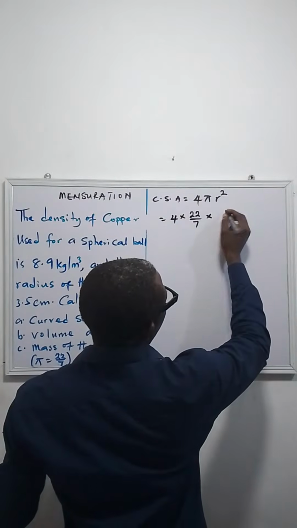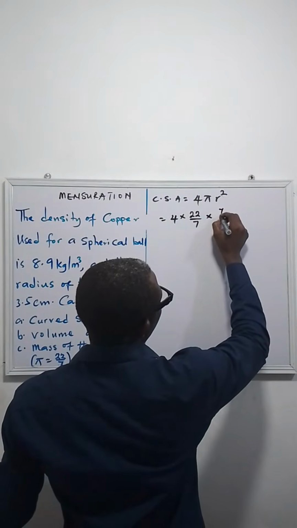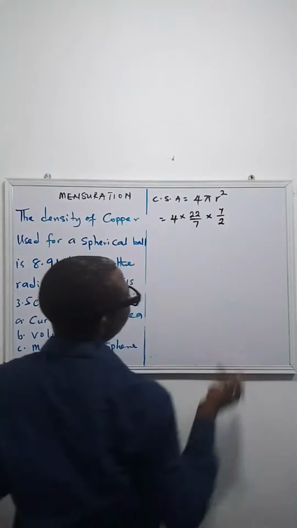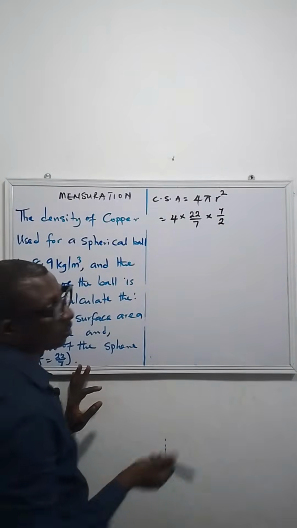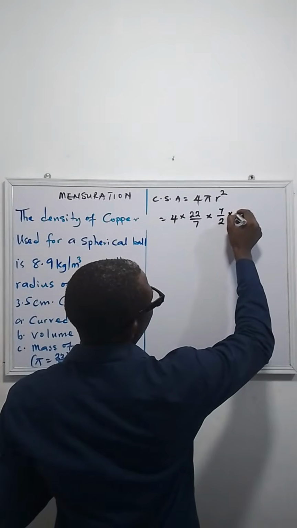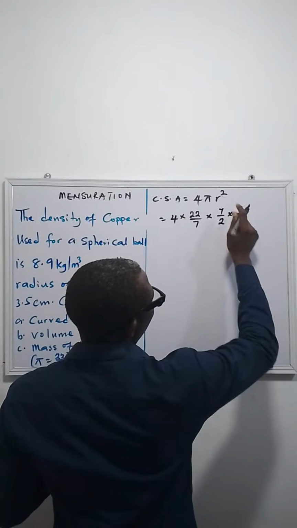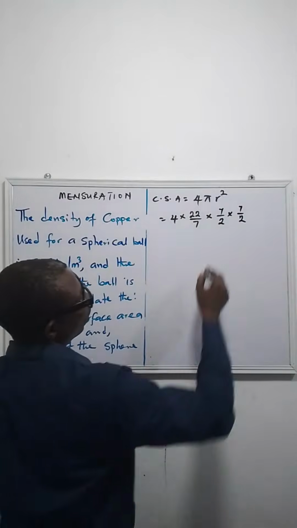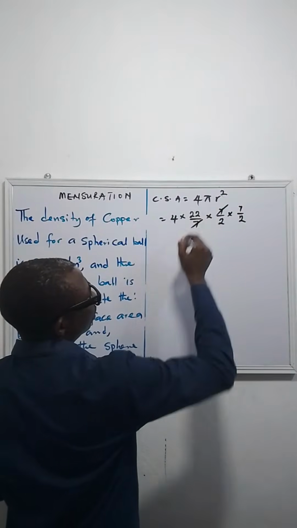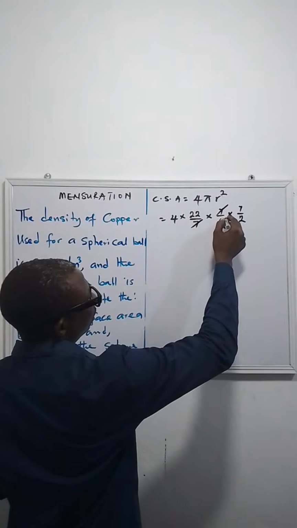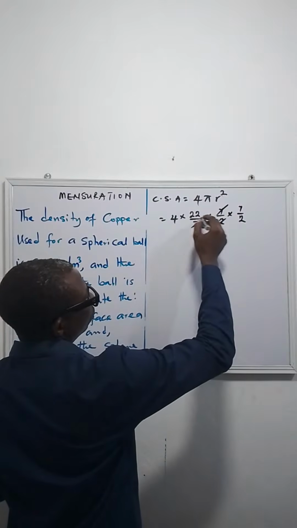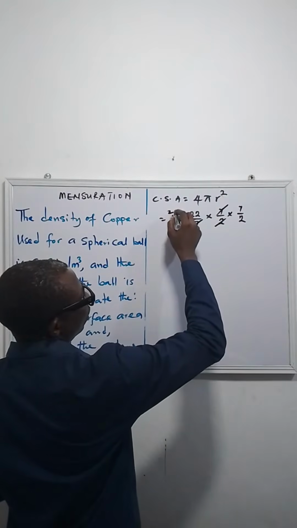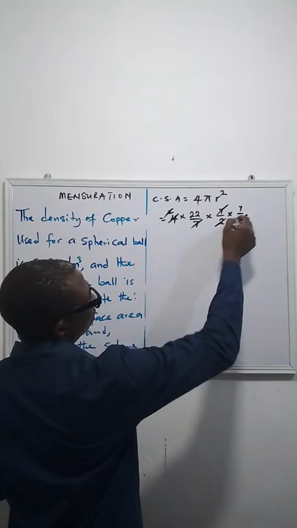I can write that as 7 over 2, which is the same thing as 3.5. So 7 over 2 times 7 over 2, since we have r squared. Now this cancels this, and these 2 also cancel.